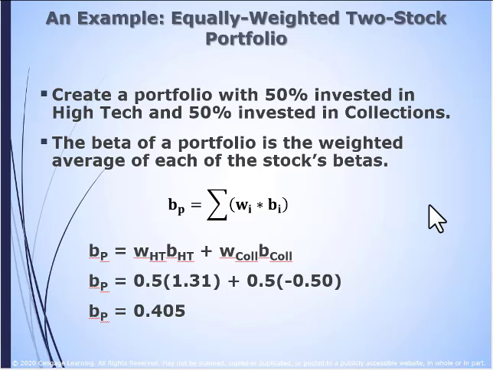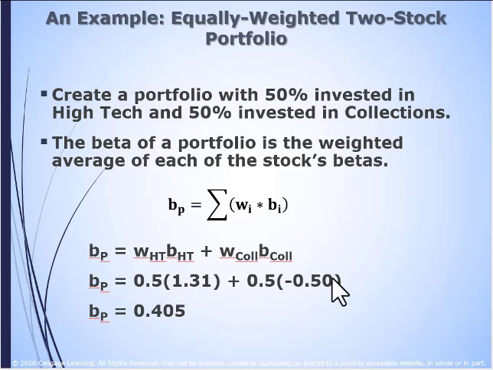How do you do this with a portfolio? Again, you can apply the weights in a portfolio in a spreadsheet. The formula is the weights times beta, right? So if you look at high tech and collectibles together, 50% times 1.3 is the weighted beta for high tech.